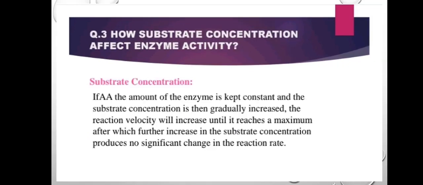Now the third one is about how substrate concentration affects enzyme activity. Substrate concentration: if the amount of the enzyme is kept constant and the substrate concentration is gradually increased, the reaction velocity will increase until it reaches a maximum, after which further increase in the substrate concentration produces no significant change in the reaction rate.